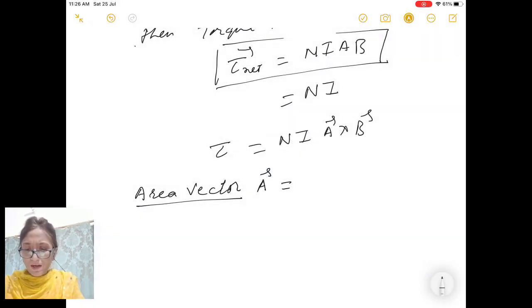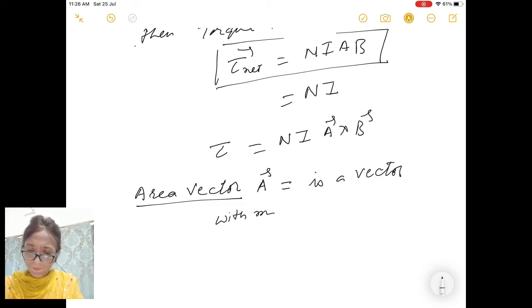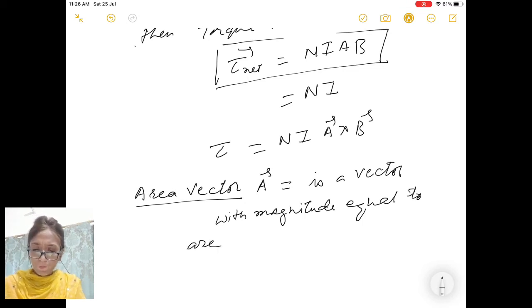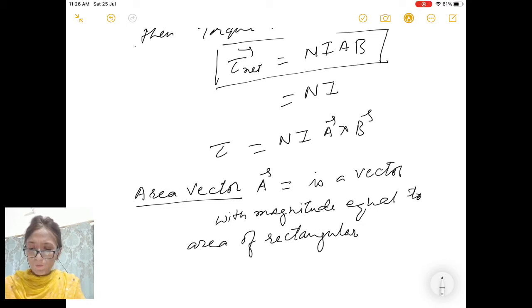So what is the area vector? The area vector is a vector with magnitude equal to the area of the rectangular coil. And its direction can be obtained by the right hand thumb rule.